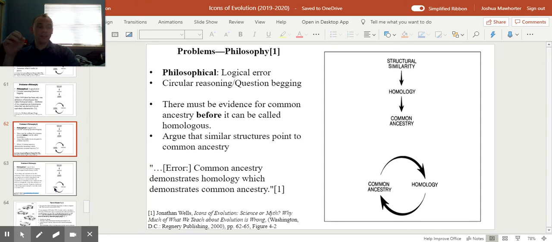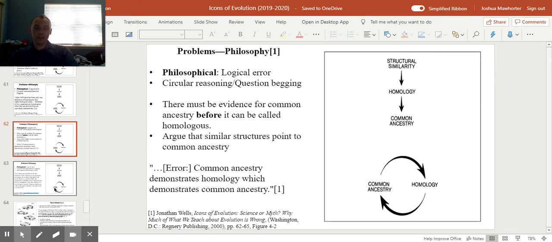So if the definition is going to be that these structures are similar because they have a common ancestor, what we need to prove instead is that there is, in fact, a common ancestor that we can point to empirically and show with the data that this is that common ancestor. And through the passing down of these traits to these different creatures that have homologous structures, that is why they have homologous structures. But that hasn't been demonstrated.